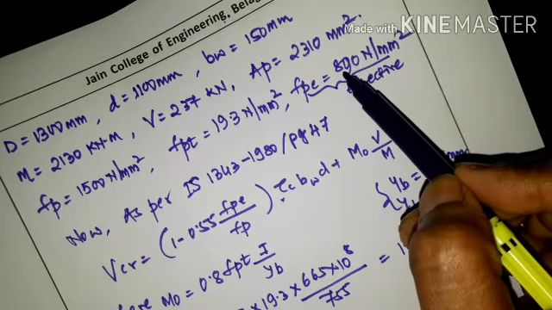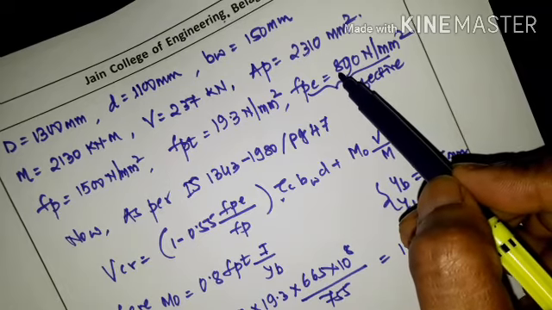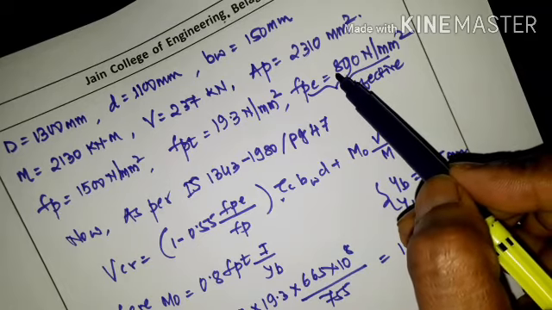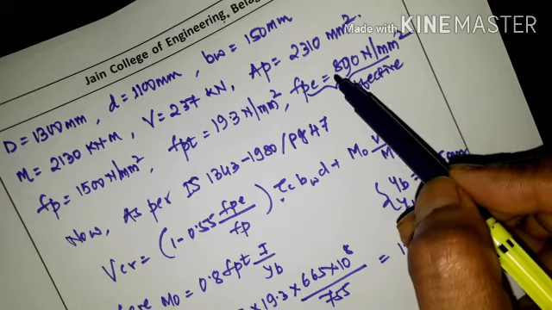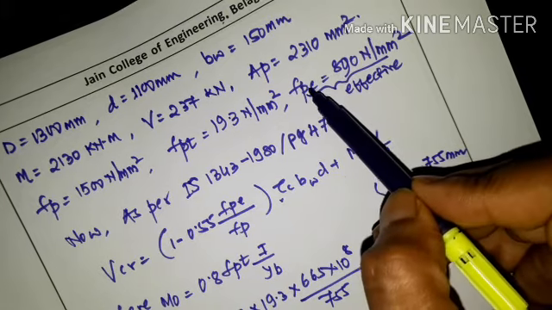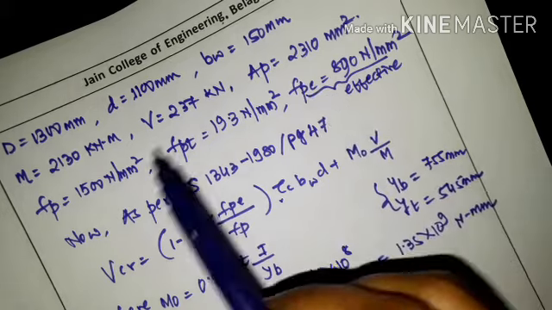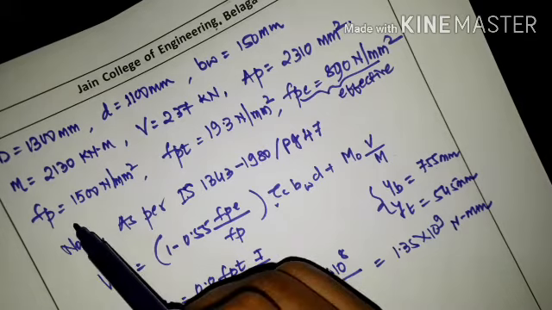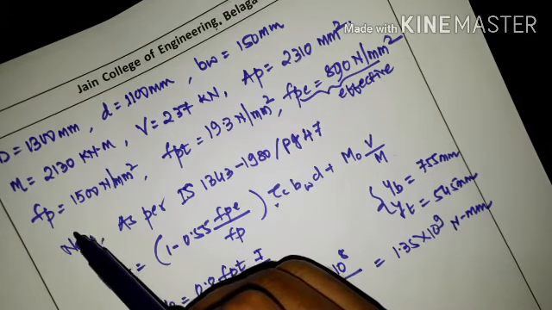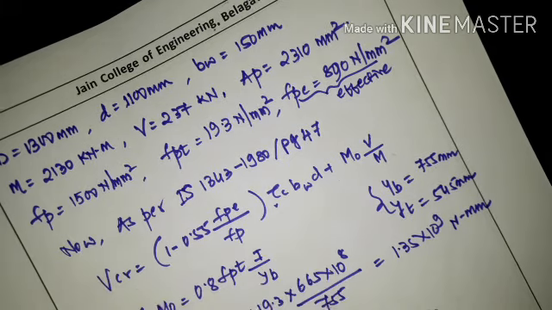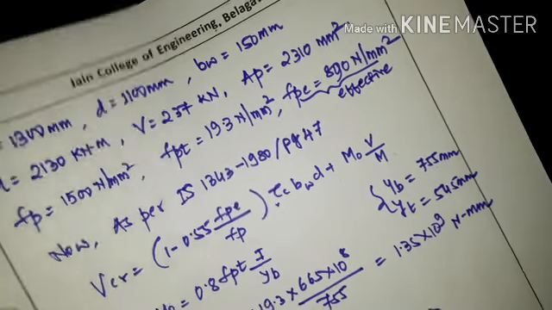So when it is mentioned effective, it is FPE. If it is just mentioned as pre-stress in the tendon, then it is the initial, not final, so that is FP, 1500 Newton per mm square.